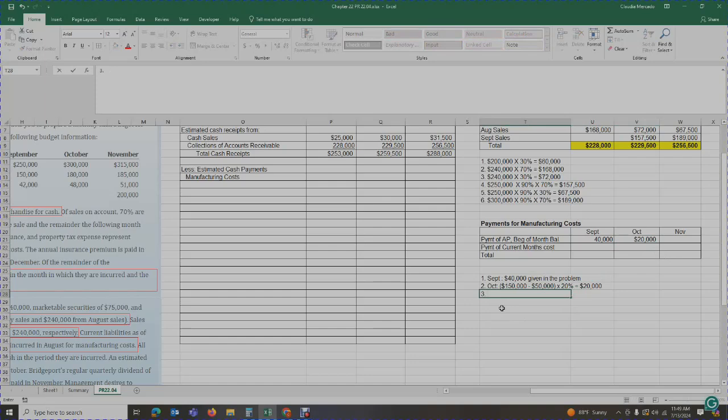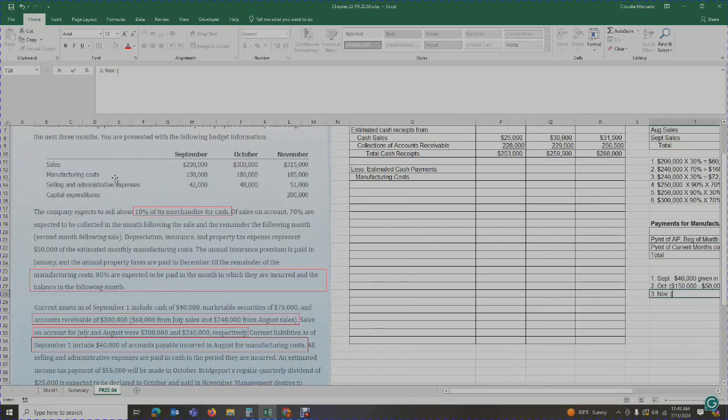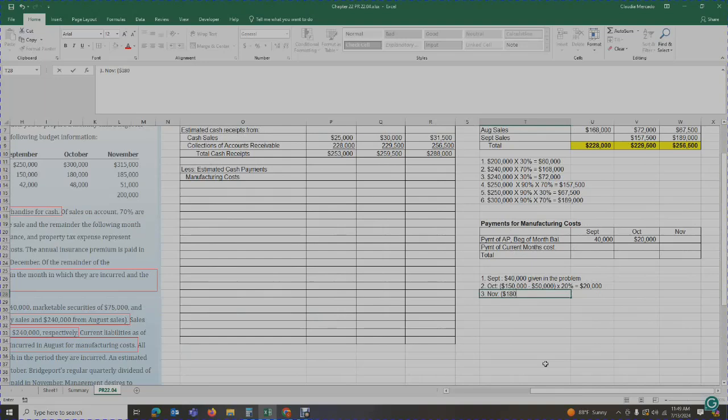Now, in November, I am going to pay 20% from October. I hope that makes sense. We are always paying the following month 20% of the prior month. If you look at the problem, in October we have manufacturing cost of 180,000. We've got 50,000 of overhead that is fixed, and then we pay 20% of that in the following month.